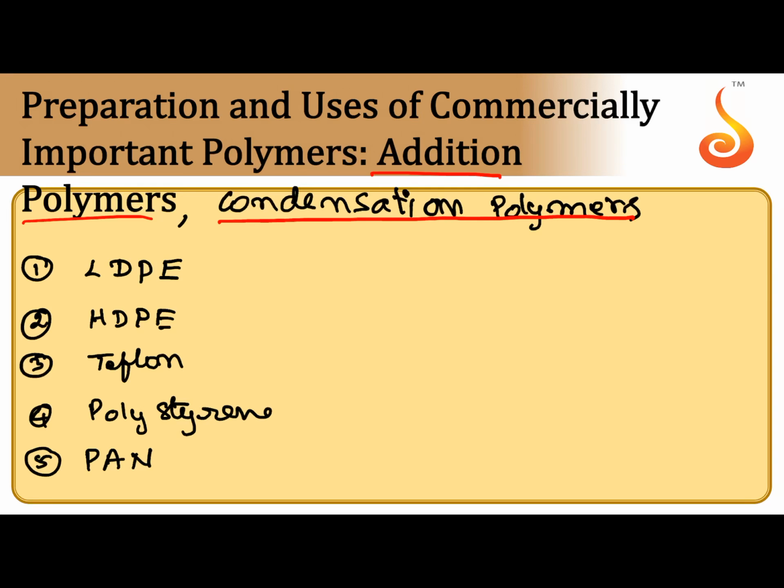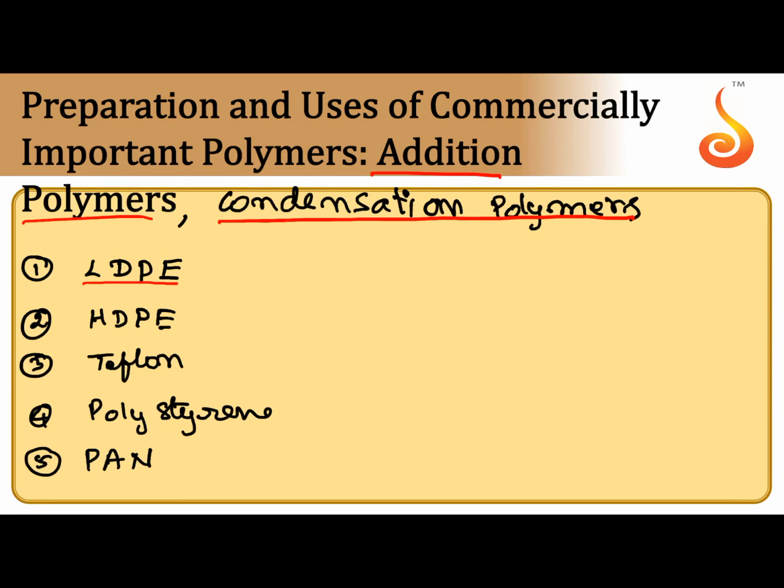Then what is the repeating unit present in polymer nylon 6,6? If you know these two, the monomers as well as the repeating unit of the polymer, you can get one question in any entrance examination. So my sincere suggestion: collect all these important polymers which are given in the NCERT textbook.